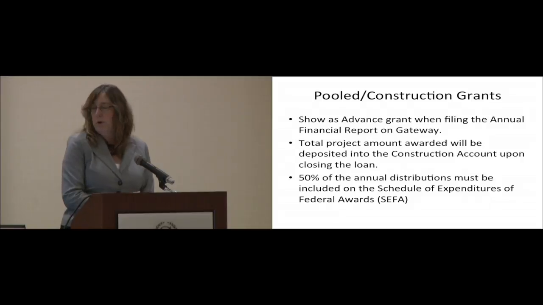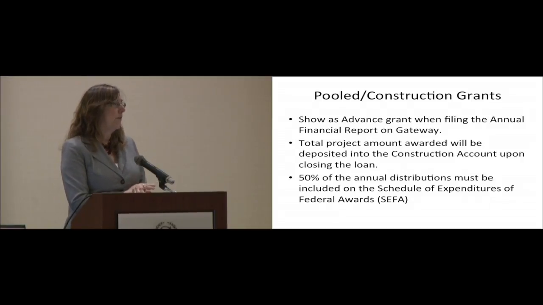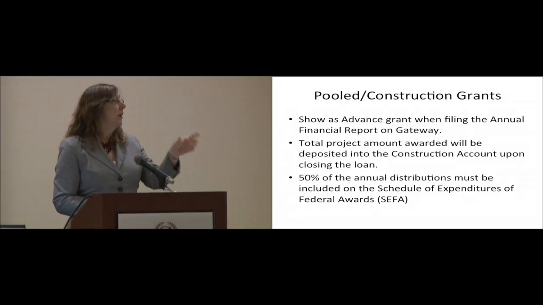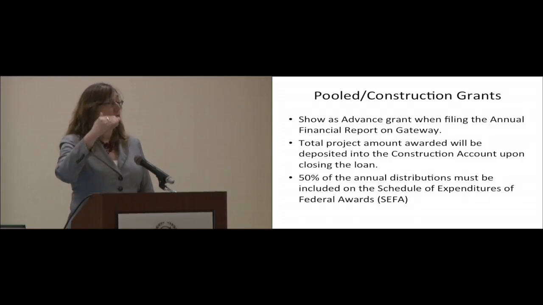If you do a pooled or construction grant, the difference is you're going to get the whole amount up front in that construction account. It's still in that trust account with Bank of New York, but if you close for a $3.8 million grant, you're going to have $3.8 million put into your construction account up front. And then you're going to draw against that.